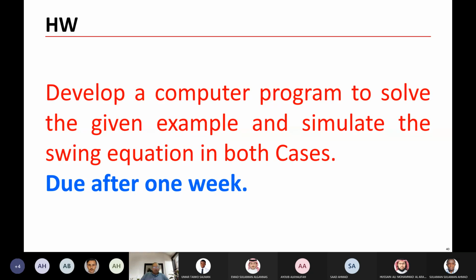Okay, so this is an assignment. Develop a computer program to solve the given example and simulate the swing equation in both cases, zero state and zero input.